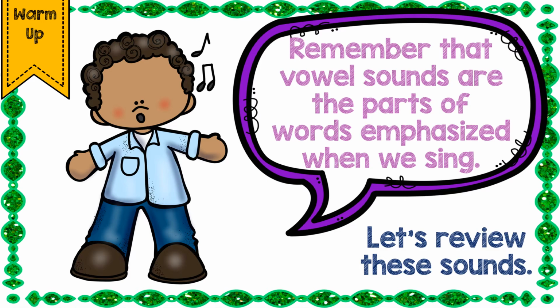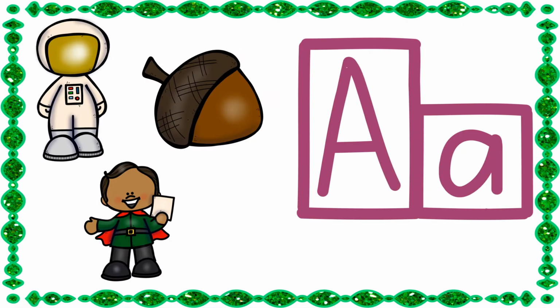Now remember, the vowel sounds are the parts of the words emphasized when we sing. So when you open your mouth when you say a word, those syllables, like when we say the word writing, you open your mouth with that vowel sound, I. So it's kind of like you hear that singing. You open your mouth. Make the ah sound. Mouth's open, right?